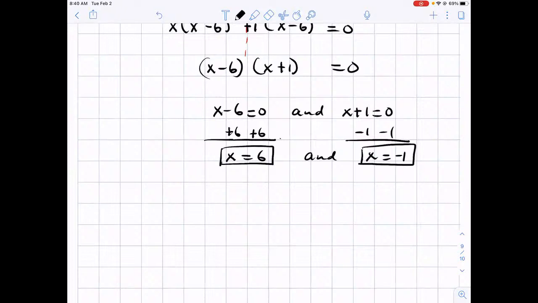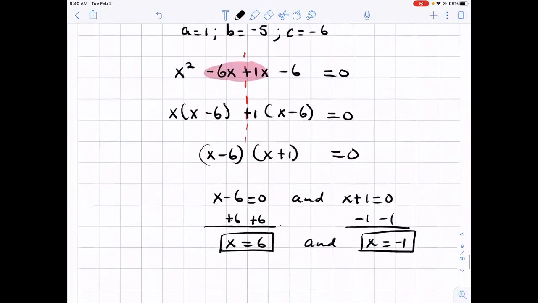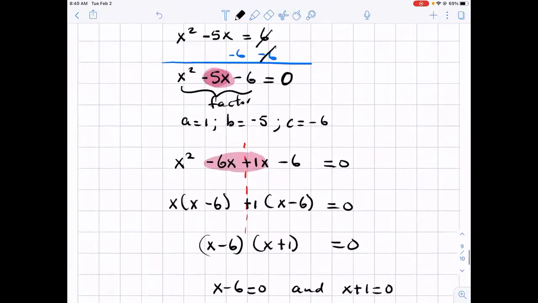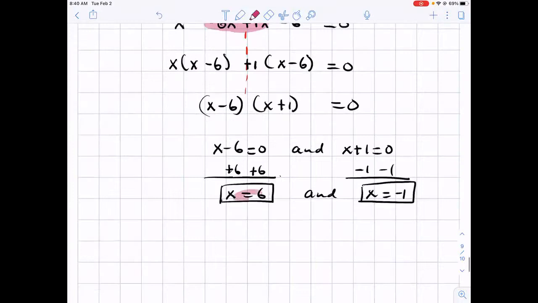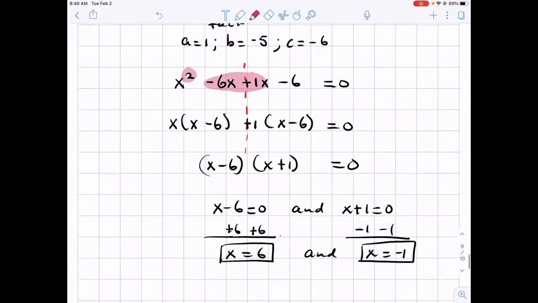So just as a note, the highest power here is 2, okay? Highest power is 2. And you will notice we have two solutions, yeah? You will see that the power tells you the most amount of solutions you will have, okay?